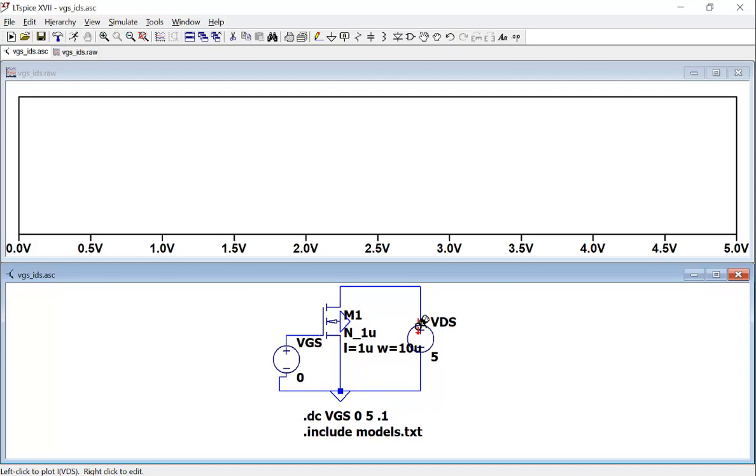Same magnitude or same amplitude of current, but opposite direction. Because this one is draining current that way, right? Counterclockwise. But this guy's moving down, so it's clockwise.